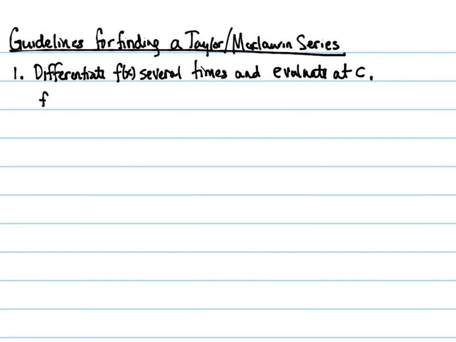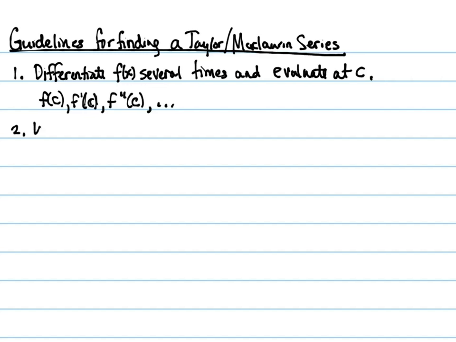So in particular, we're going to have f of c, f prime of c, f double prime of c. That c looked like a 0. Whole bunch of them, okay?